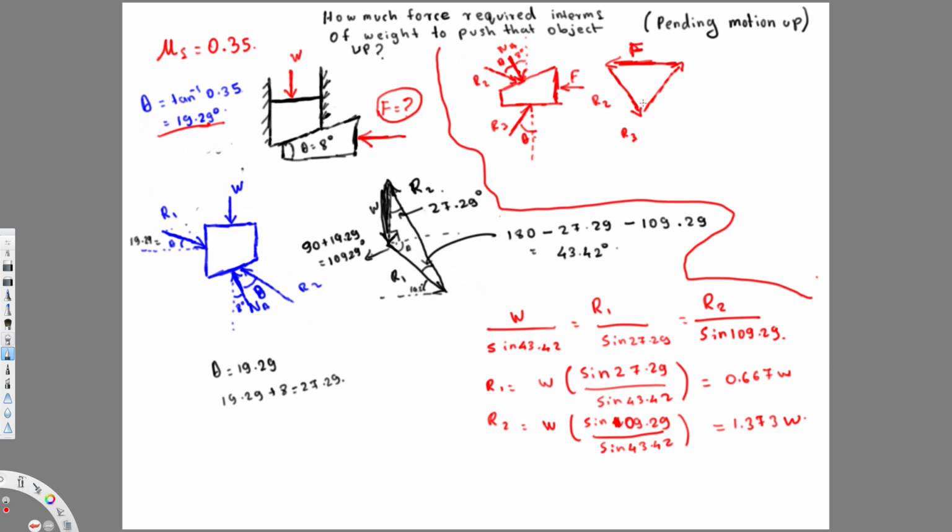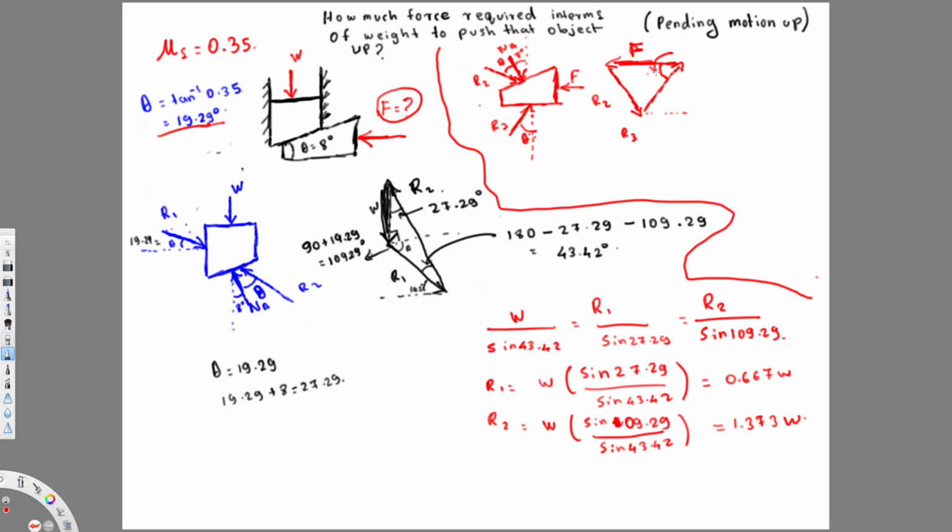From this information, we can say if this is theta, this is going to be 90 minus theta with the horizontal.